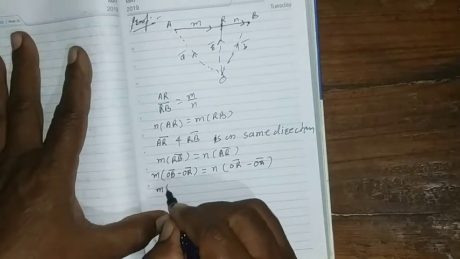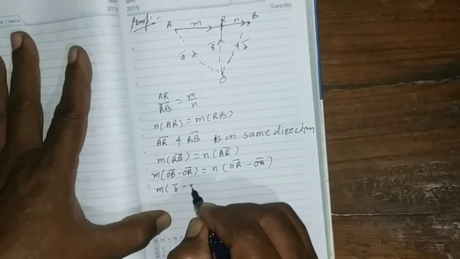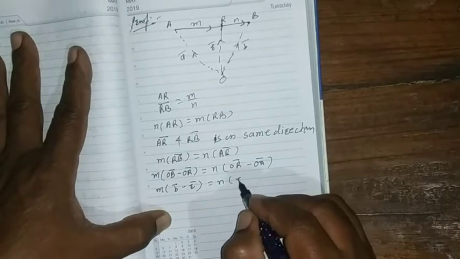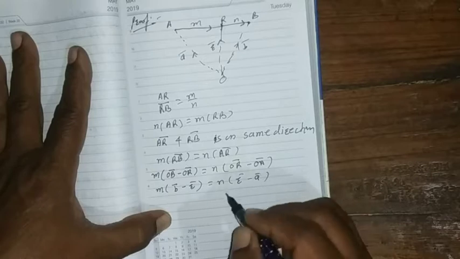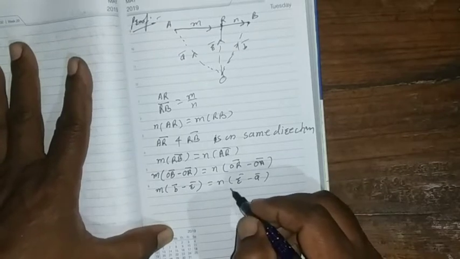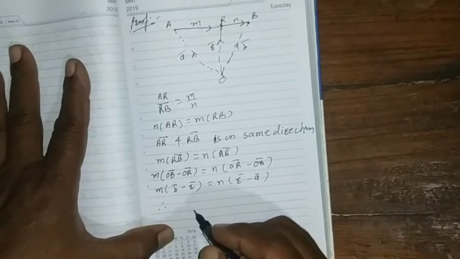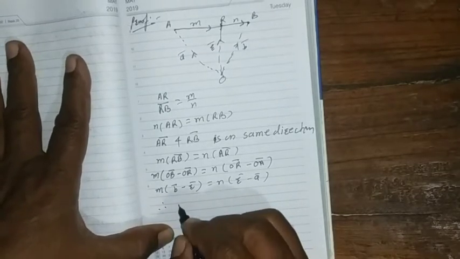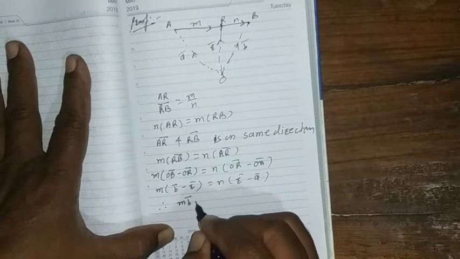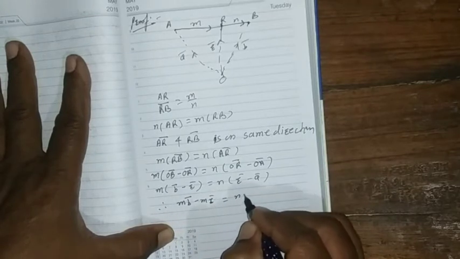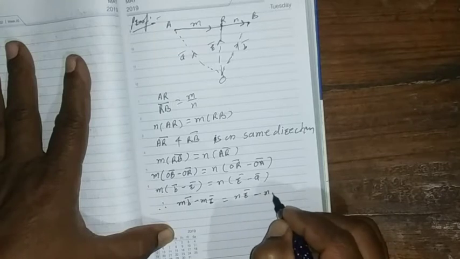That is, m(vector B minus vector R) is equal to n(vector R minus vector A). Therefore we have to solve this bracket. We get m vector B minus m vector R is equal to n vector R minus n vector A.